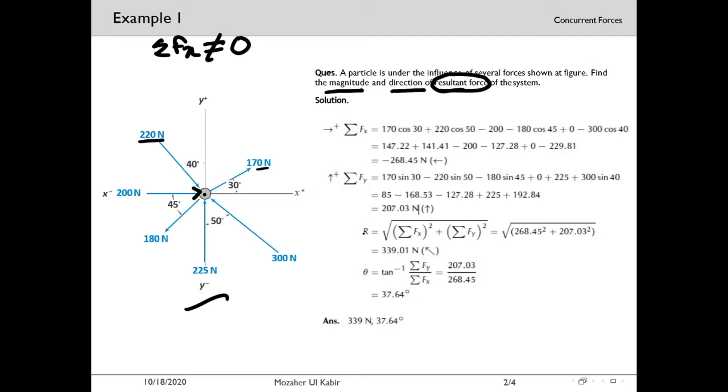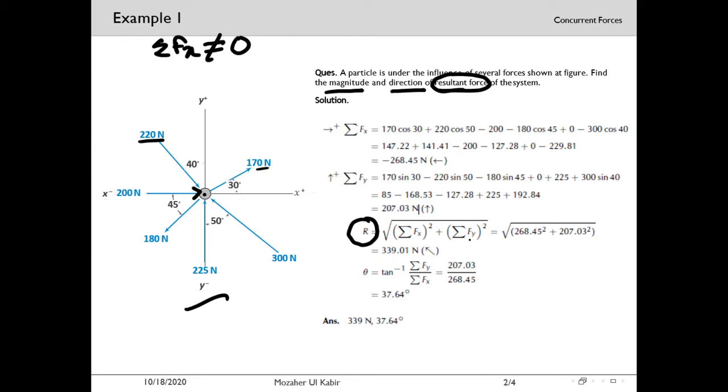The formula of resultant force is R equals root over summation of Fx square plus summation of Fy square. So here we can see, in order to calculate the magnitude of the resultant force, we need to know summation of Fx and summation of Fy first.